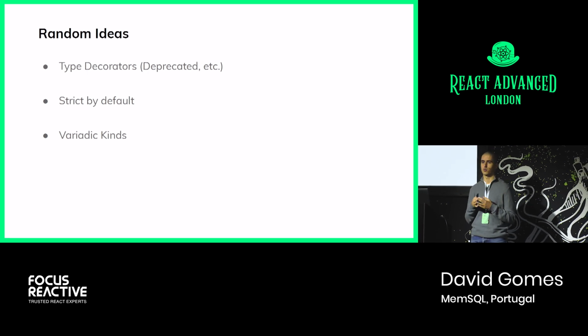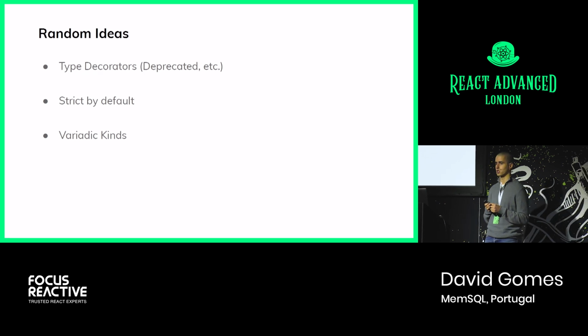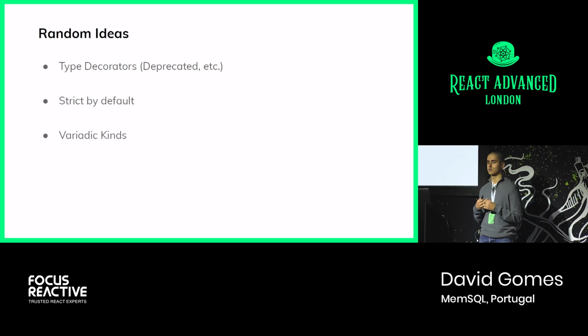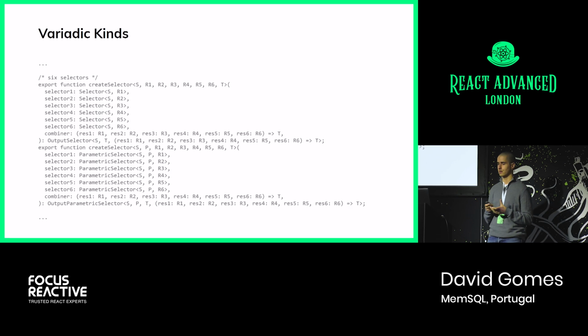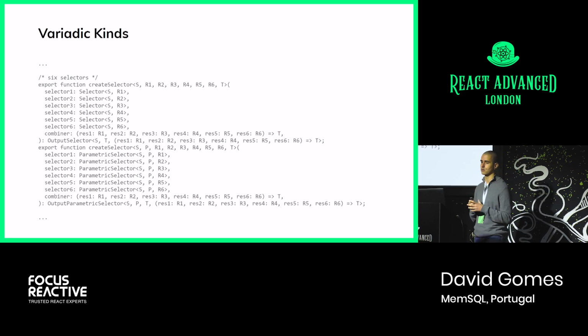And I believe this was the right call for the first 7 years of the TypeScript project. But now, I think the community is ready for strict set to true by default, or at least I'd like to see that. And so it's something that I would like to see the community discuss. And then there's other random features that I would just like to see, like variadic kinds to help you with this kind of code, as well as better performance and other things that I would really like to see.